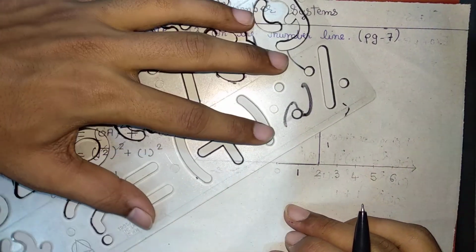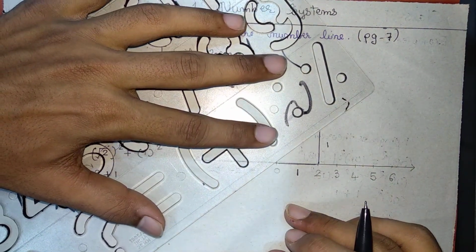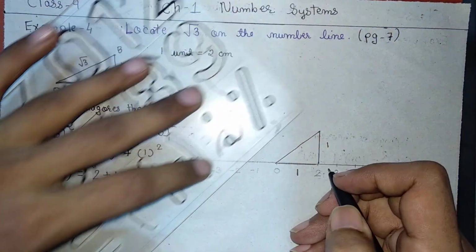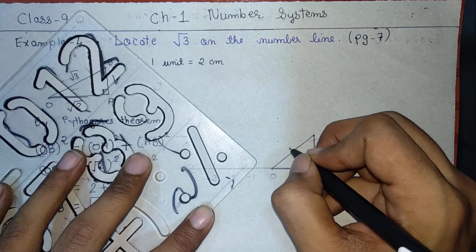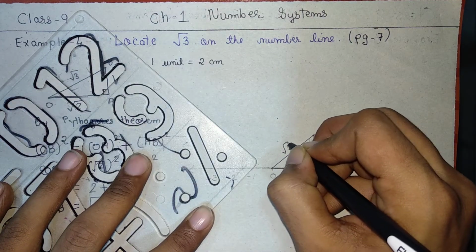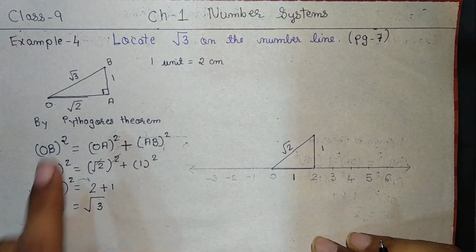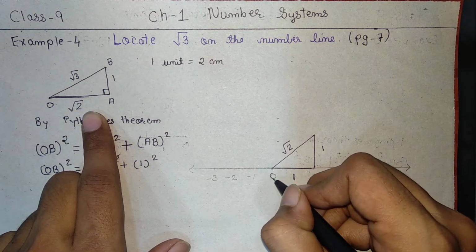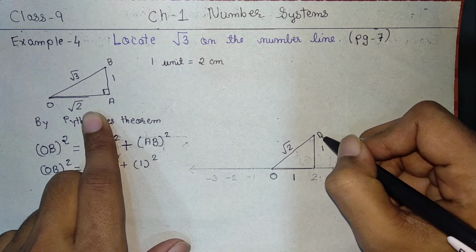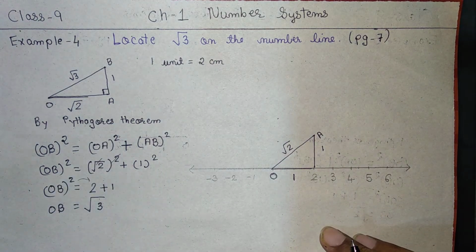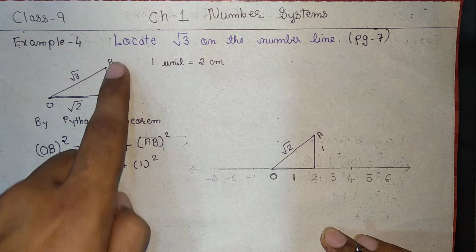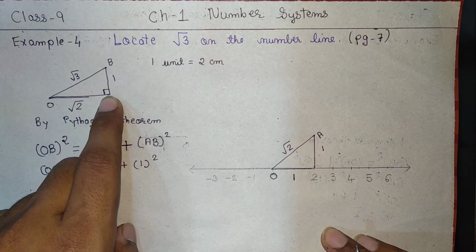Now what will we do? We will connect this. This is nothing but our root 2, which is this line. Now this is O and this is A. Now from this OA we have to take AB, which is perpendicular to that.